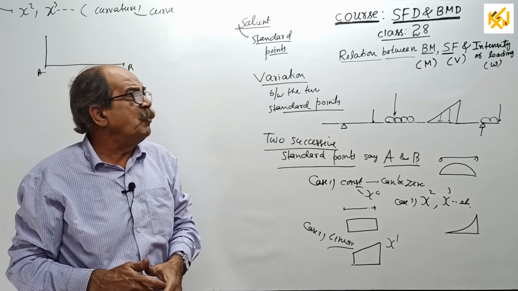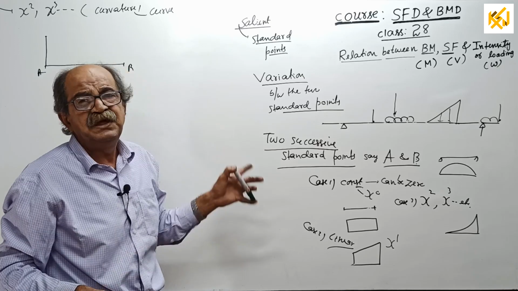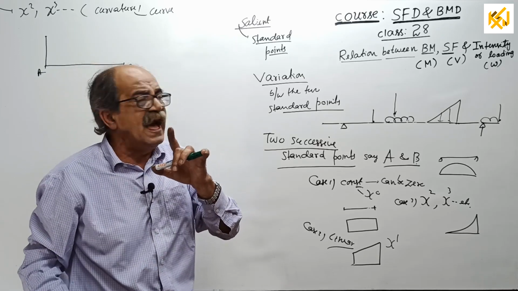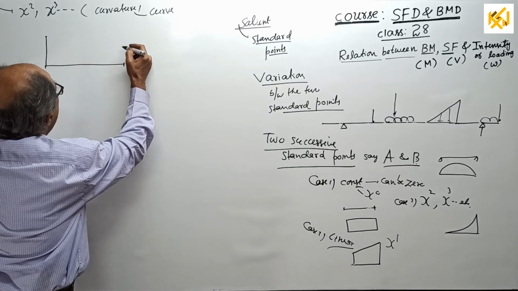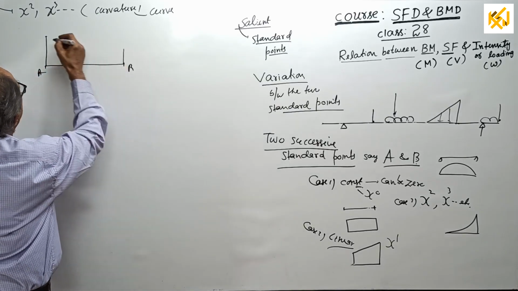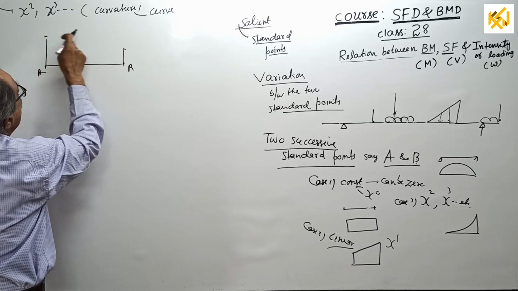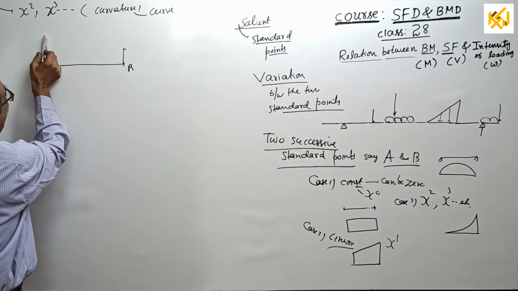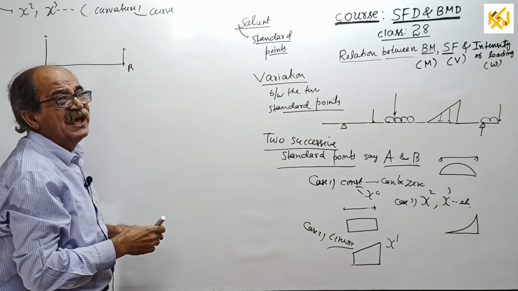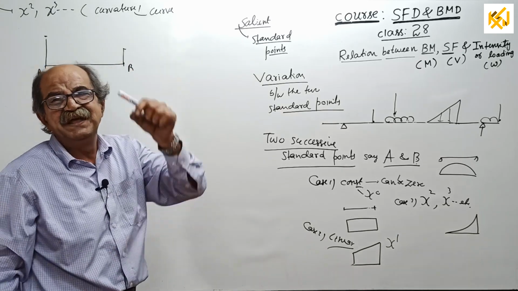Our intention is to get clarity on how to decide the variation. Now I want to join these two. If it is a linear variation, then people say join by linear curve. No, joined by a straight line.